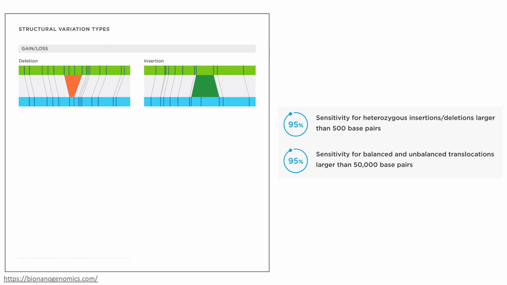So almost all the structural variants and copy number variants that we know can be detected by one method. And the initial studies show that it's extremely sensitive, up to 500 base pairs for insertions and deletions, as well as for balanced translocations up to 50 kb.